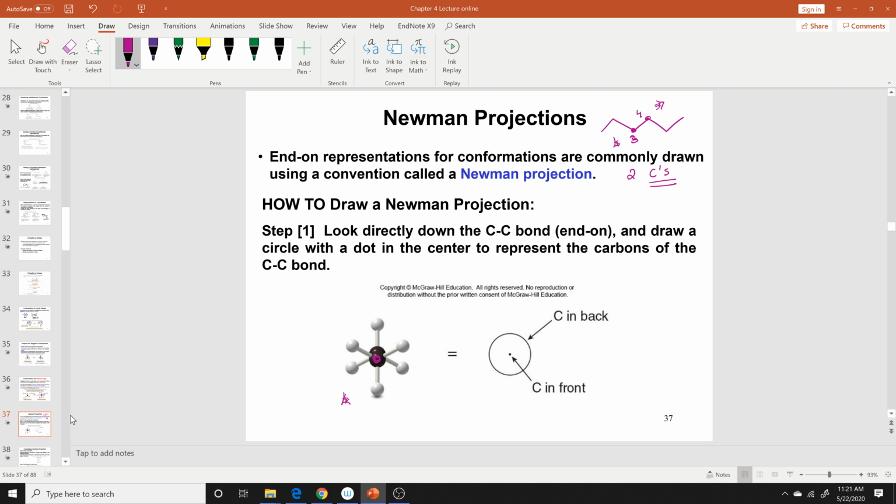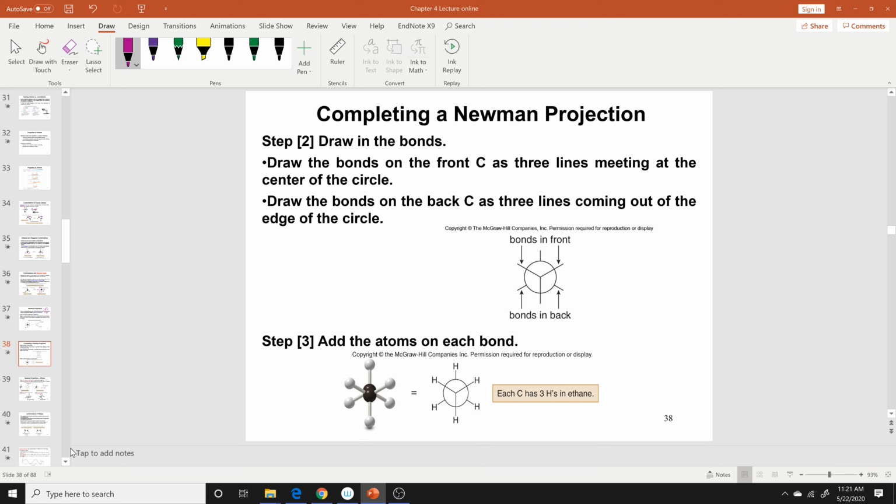So to represent the Newman projection as in the video, you start by pointing the carbon in front. The carbon in front is basically represented by a point or a dot, and the carbon behind is represented by a circle. And then after you do this, you simply draw the bonds that you see in your staggered conformation.